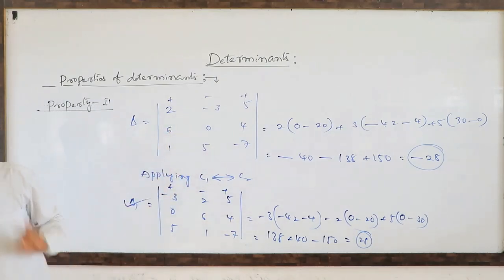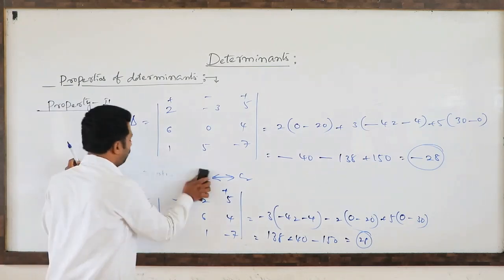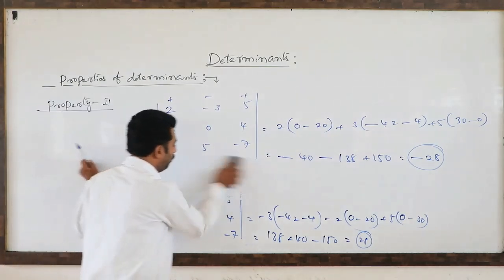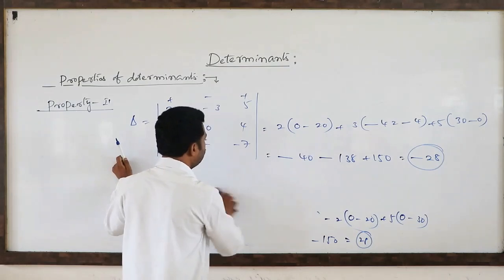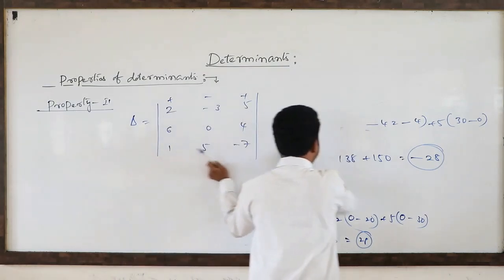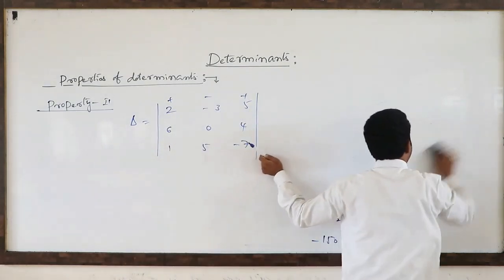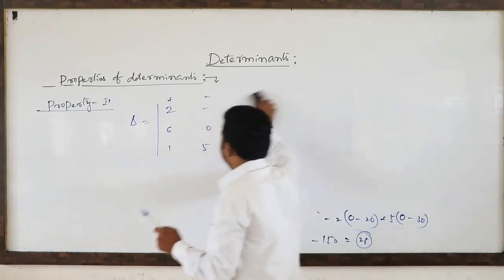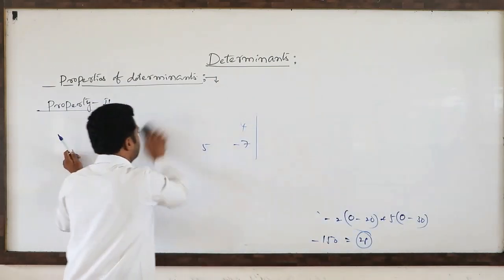In the problems, how do we have to apply this property? We'll see its application once.